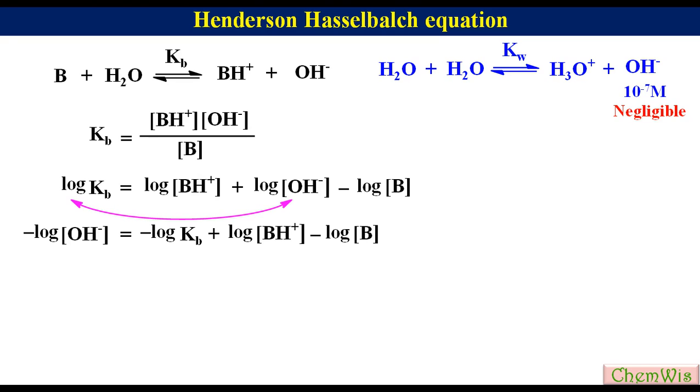So we can write pOH is equal to pKb plus log concentration of BH plus upon concentration of B.